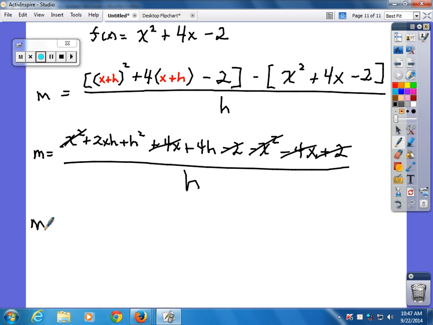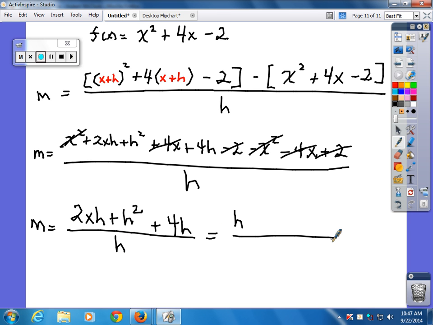M is equal to 2xh plus h squared plus 4h all over h, and that'll give us 2x plus h plus 4.